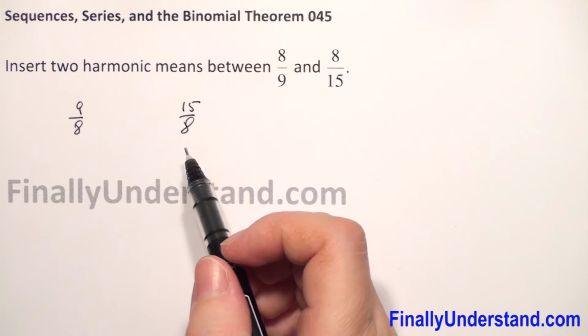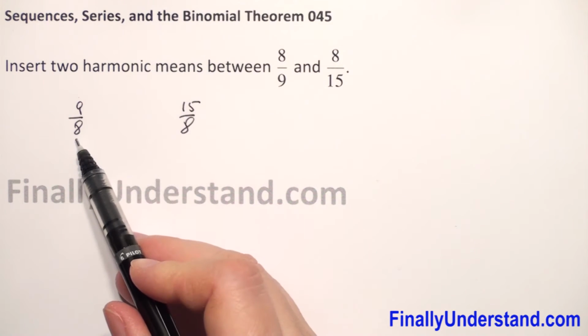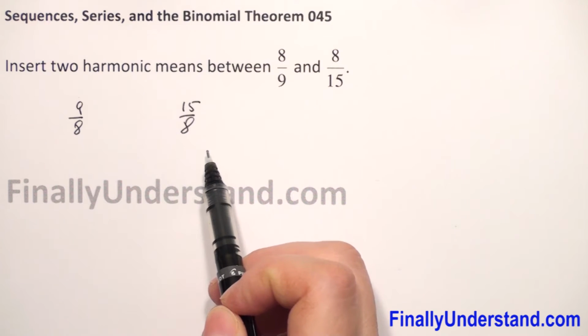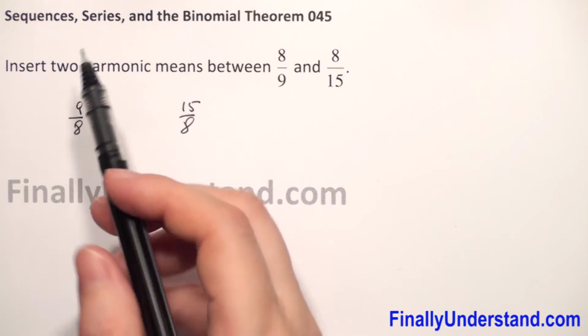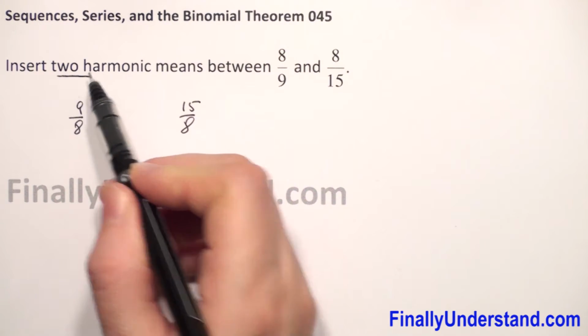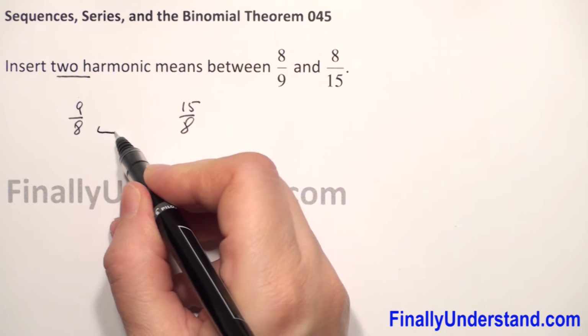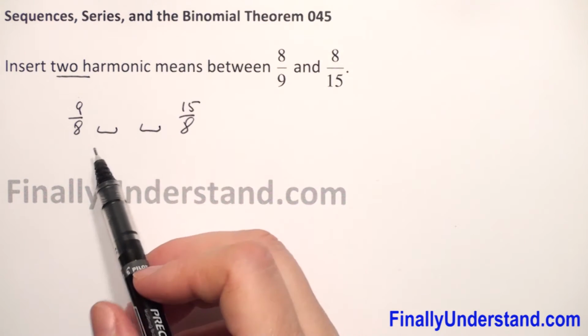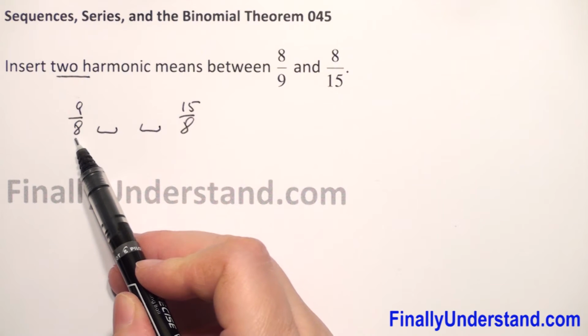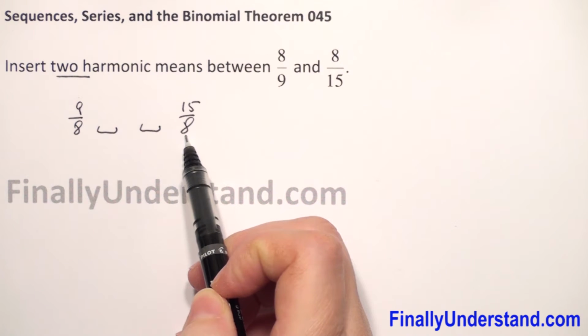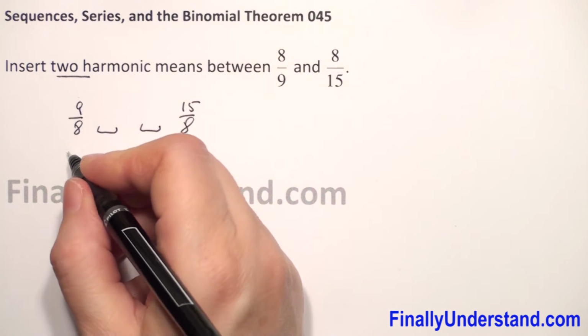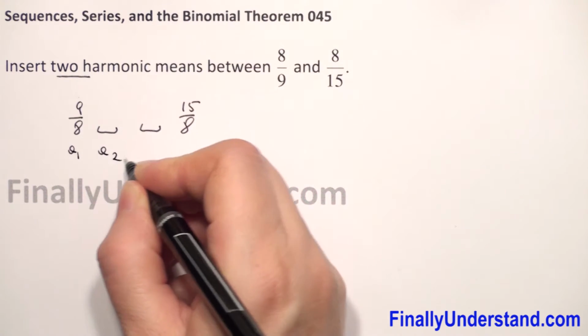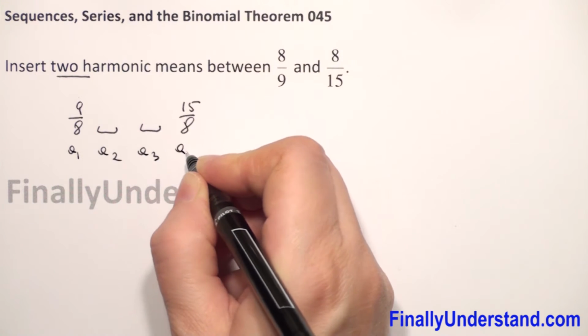We have the first term and the last term of the arithmetic progression, and we have to find two harmonic means, so we have to find the two terms between the first term and the last term of the arithmetic progression. So this is our A1, A2, A3, A4.